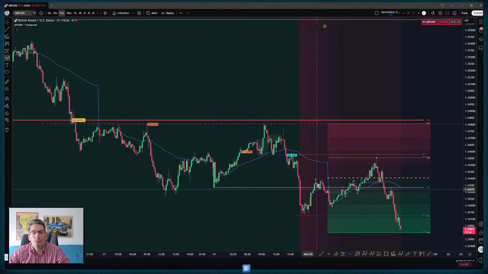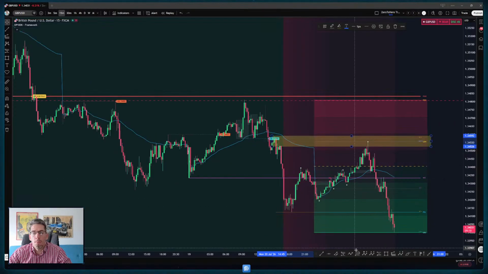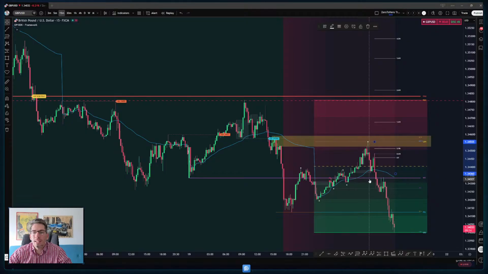If you look closely, this three leg move came towards this zone over here, a nice looking potential resistance zone, so we had a reason to believe that the market should continue to move lower, especially after the news that we saw during the UK session. The market moved down and we entered the short at the pullback. So it wasn't a crazy trade, it was like a 10 pip trade.